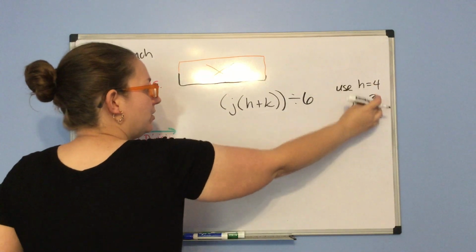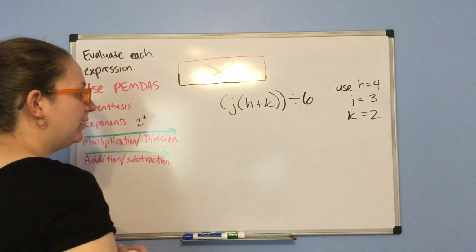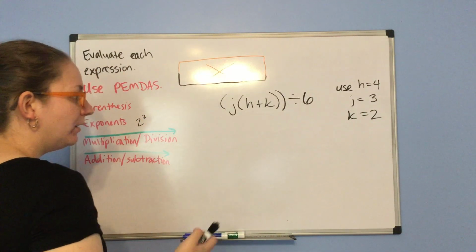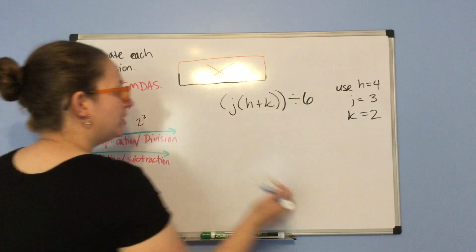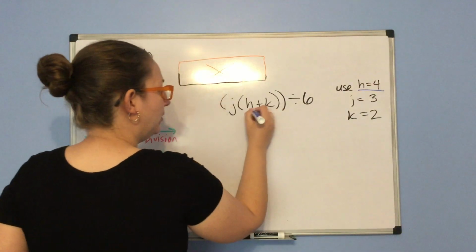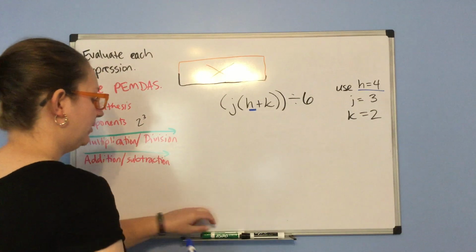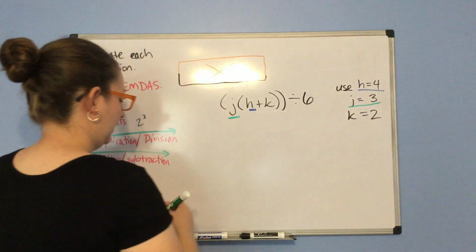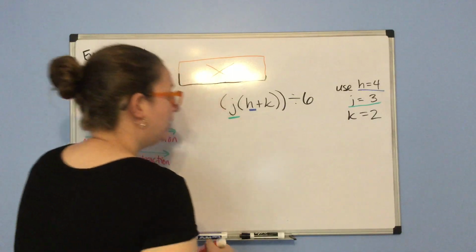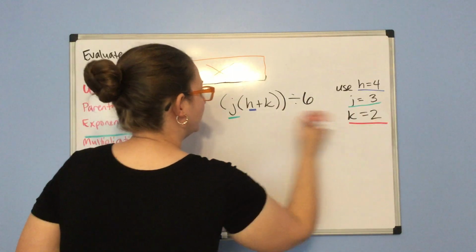They want us to use h equals 4, j equals 3, k equals 2. We can't use our order of operations until we've plugged these values in. So every time I see an h, I'm going to put a 4. Every time I see a j, I'm going to put a 3. Every time I see a k, I'm going to put a 2.